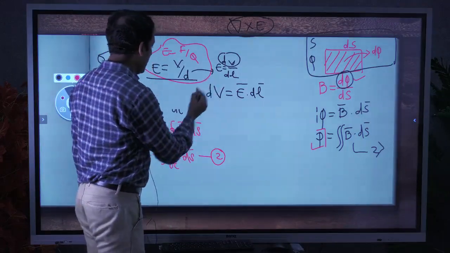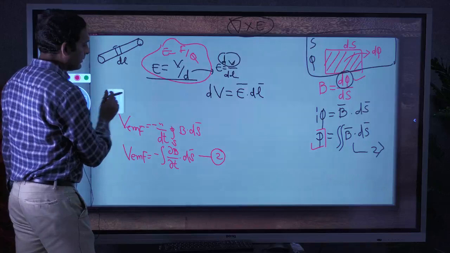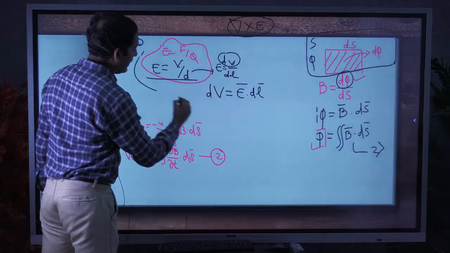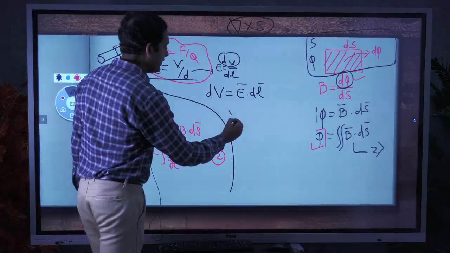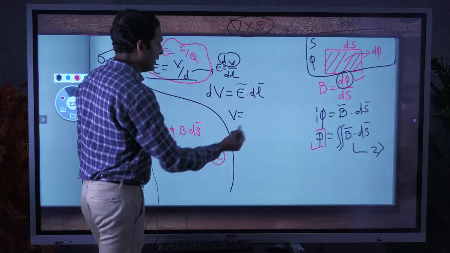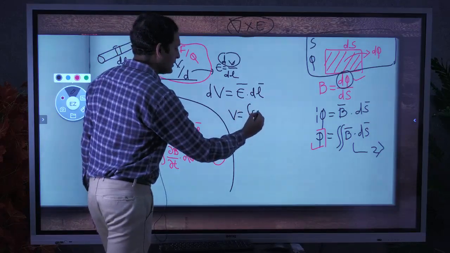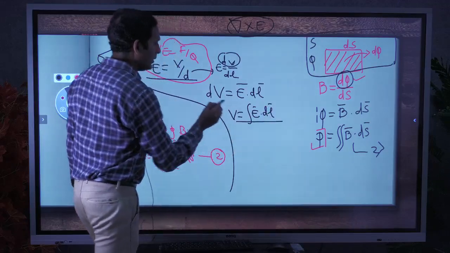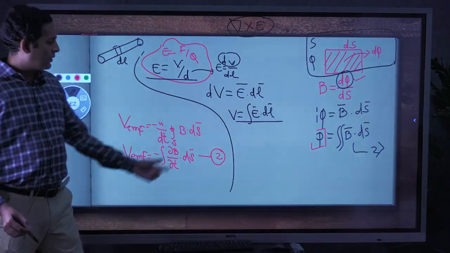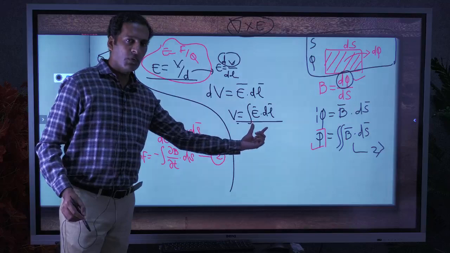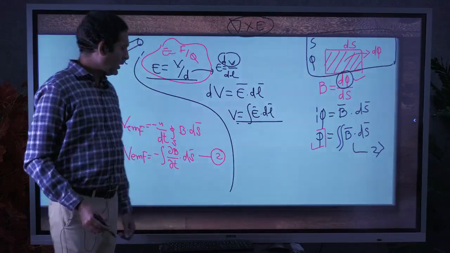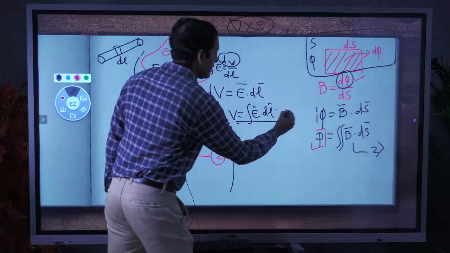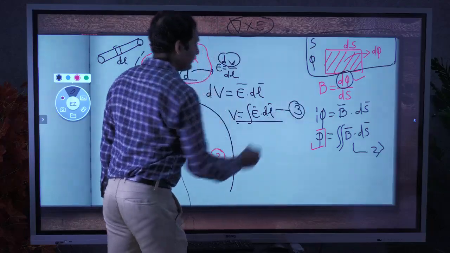So if we want to find out the overall value of voltage, what we have to do? We have to take integration of RHS. So it will be E bar dot dl bar. So now this is another expression for voltage in the circuit. Now we'll call it as say equation number 3.